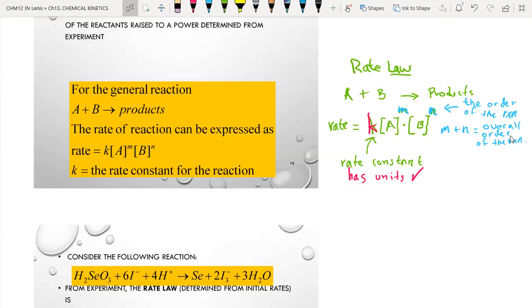Another important fact about this rate law is that M and N can be obtained experimentally.